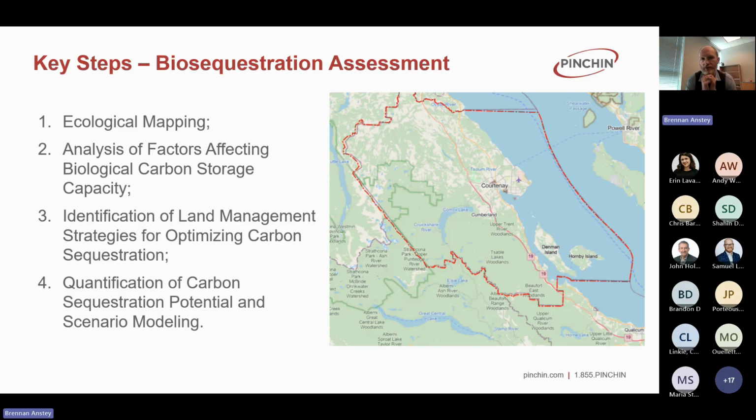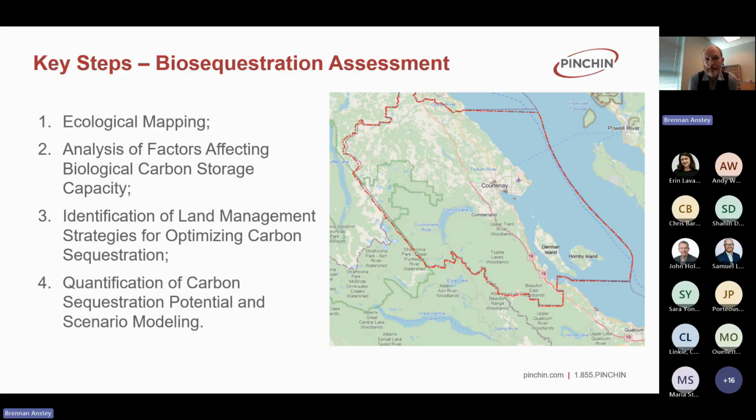So that's where they're coming from. Provincially, both BC and Ontario have requirements for municipalities to meet emissions targets. So they're working on doing this, and they wanted to see if natural systems can play a role there.